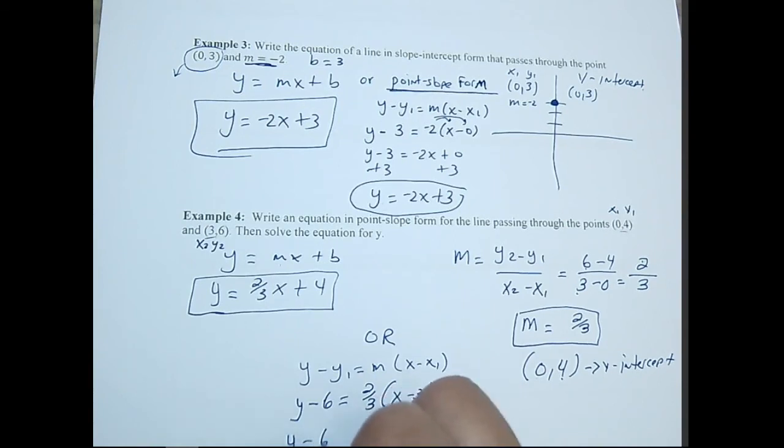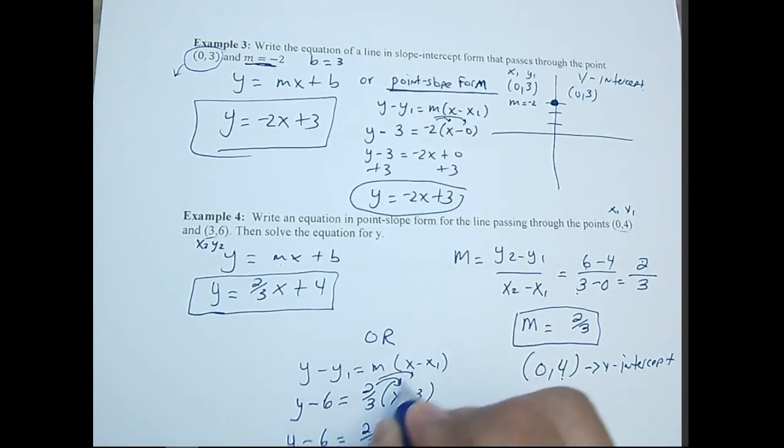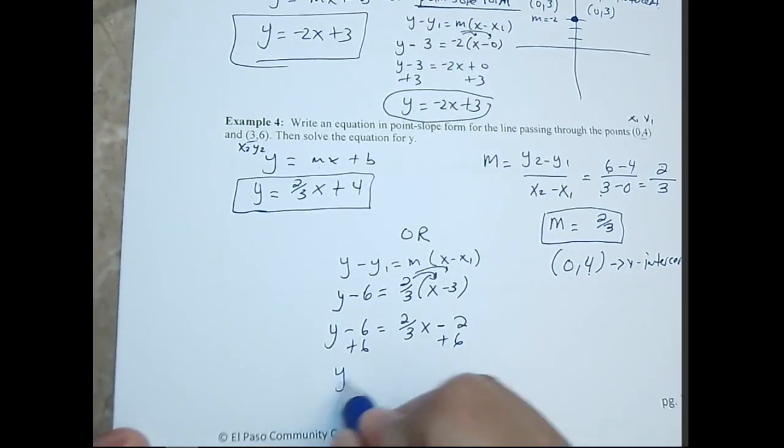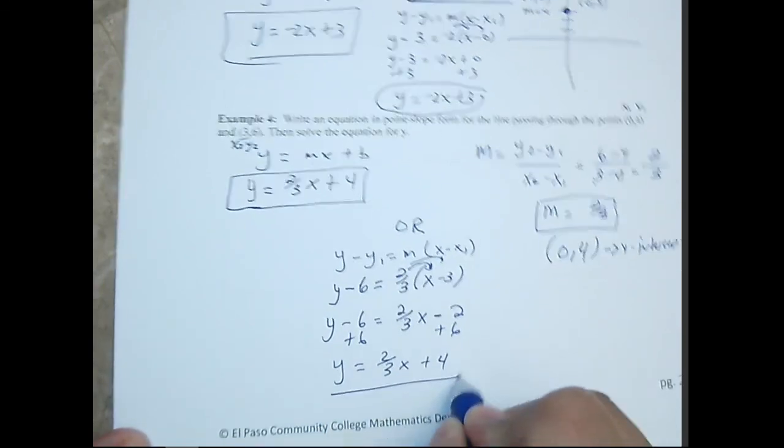So we get y minus 6 is equal to 2/3 x, and 2/3 times -3 is -2. So we're going to add 6 on both sides. So we get y is equal to 2/3 x plus 4.